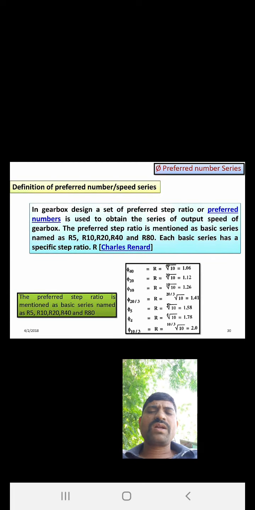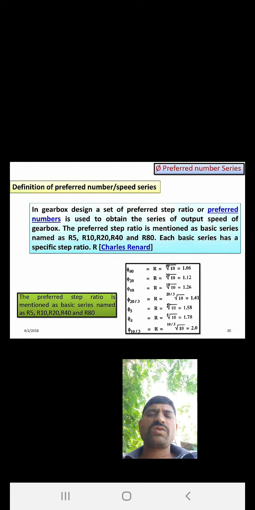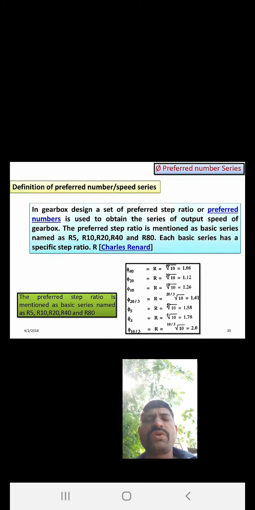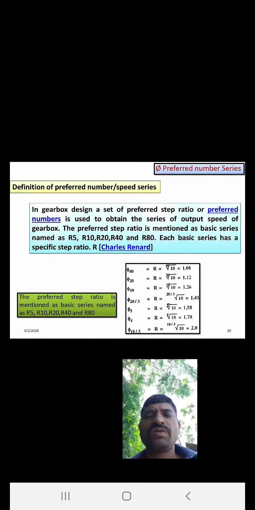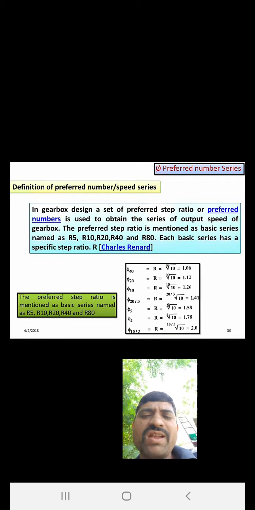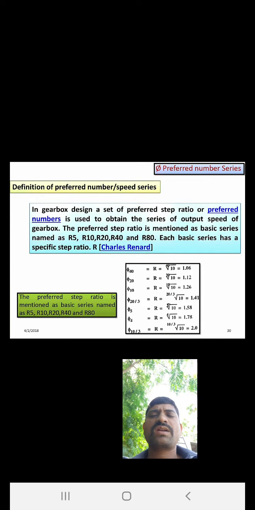Means you can calculate the output speed of the gearbox with the help of that series. Also you will get the geometric progression ratio with the help of that series, as per the application of the vehicle where we are using the gearbox. The series depends on that.